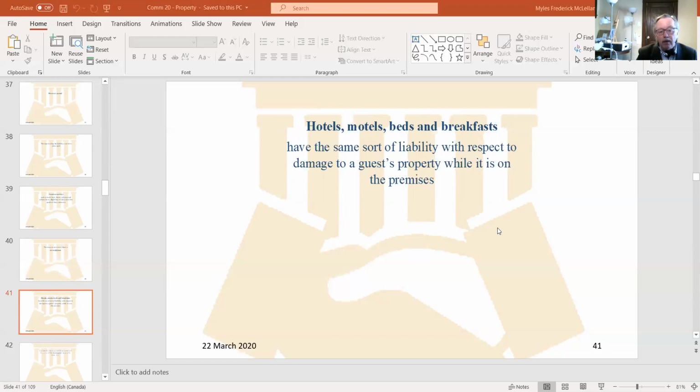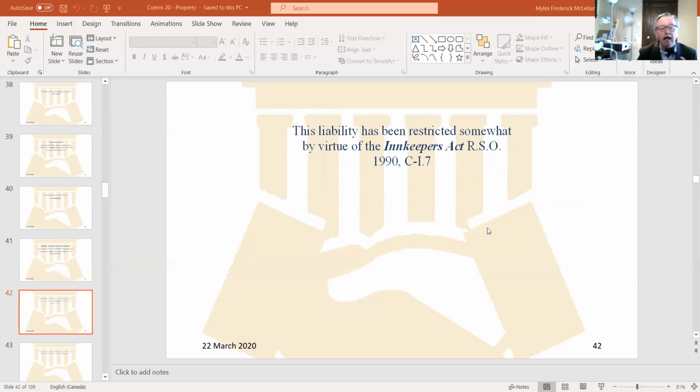So while they have the same liability at common law as common carriers, which means that they're responsible pretty much for any damage that may happen to your luggage, legislation has entered into the field of these kinds of bailments by virtue of the Innkeepers Act, Revised Statutes of Ontario 1990.